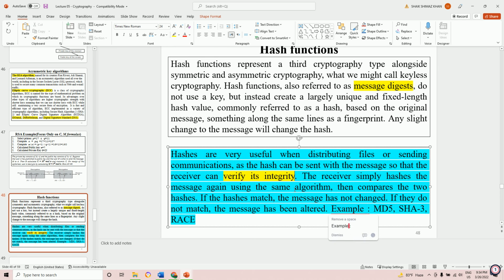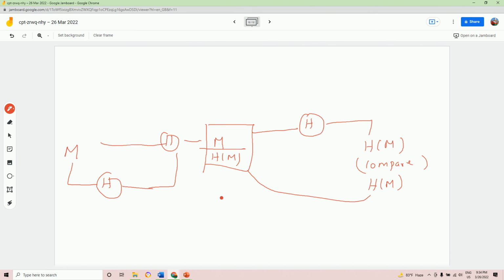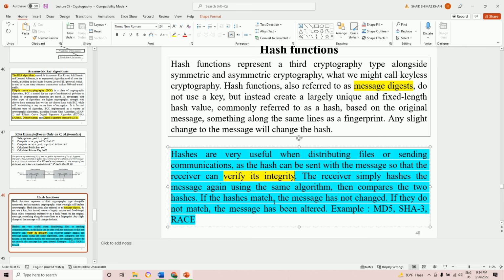The receiver simply hashes the message again, as I explained using the diagram. Clear to you? That is how a hash can be used to verify integrity. MD5 and SHA-3 are examples of hashing algorithms. Clear to you, students?